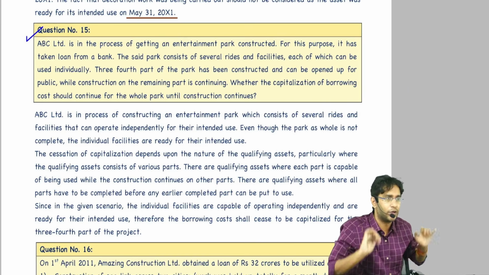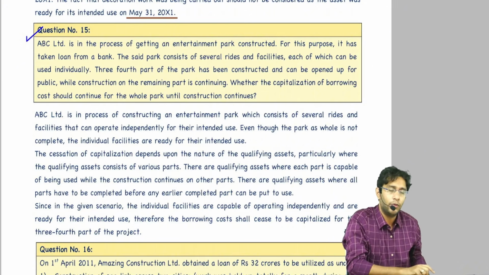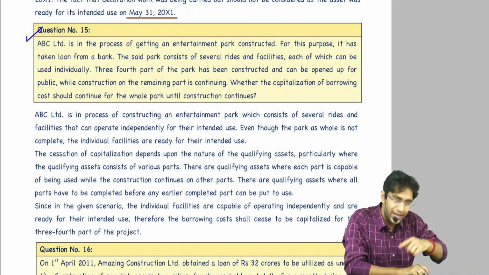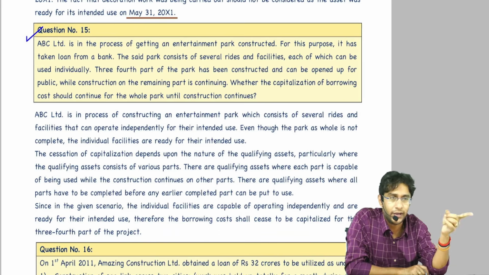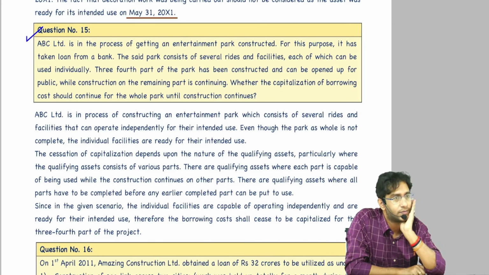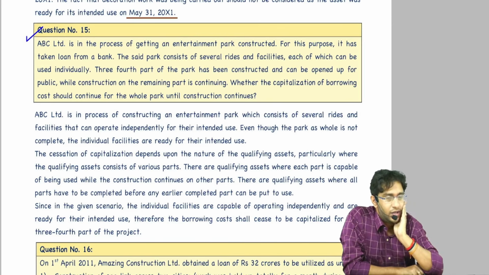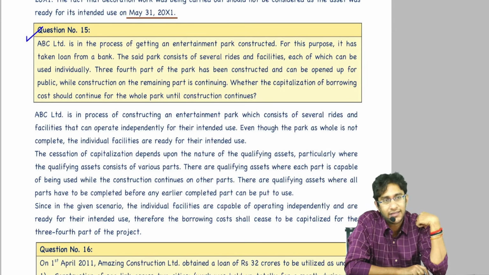A total of 20 items should come. Till now, 4 items have come. Now, for buying these 4 items, you borrowed money. On that, you are paying interest. The question is simple, sir. Can I capitalize the interest cost? Indirectly, what am I asking? The rides you already bought, are they qualifying assets? Think over carefully.